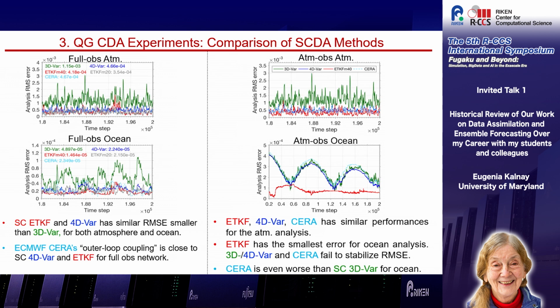The outer loop coupling is as good as strongly coupled 4D-Var in this scenario. When only the atmosphere is observed, ensemble Kalman filter is better than all variational methods. The outer loop coupling approach performs the worst among variational methods.